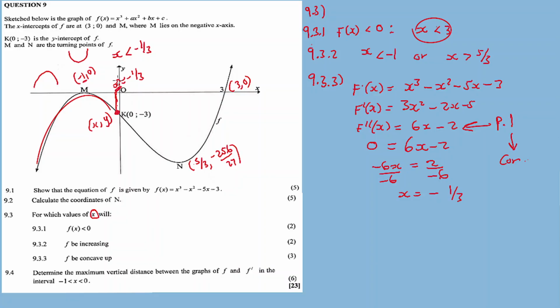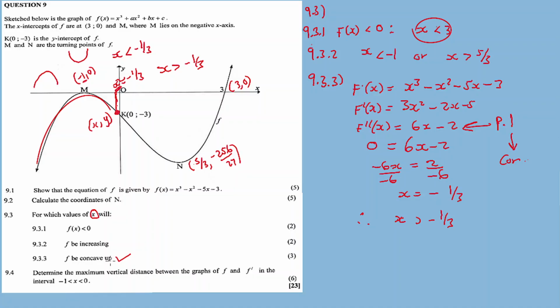So if x is greater than -1/3, we get concave up. Therefore our answer is x greater than -1/3 in order to obtain concave up. So whenever x is greater than -1/3, my function f will be concave up.